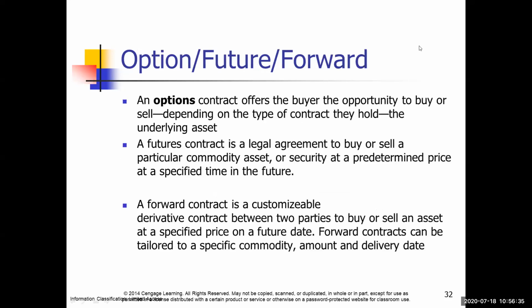So what is an option? An option is a contract which gives the buyer or seller the right to buy or sell the particular contract, depending on the type of contract, on the underlying asset.